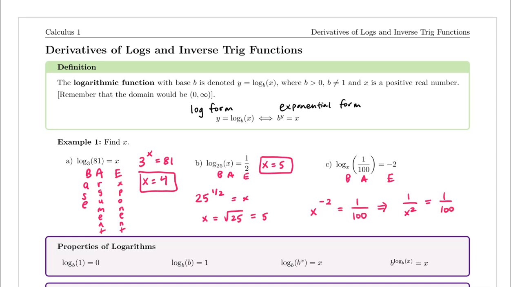From here, I can cross multiply. That gives me the new equation x squared equals 100. And then if I take the square root of both sides, normally we would get x equals plus or minus 10. However, remember that when you're talking about a logarithm, the base of a logarithm must be a positive number. So we get that x is equal to 10 in part C.